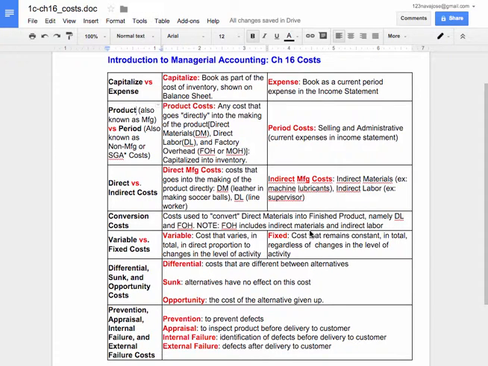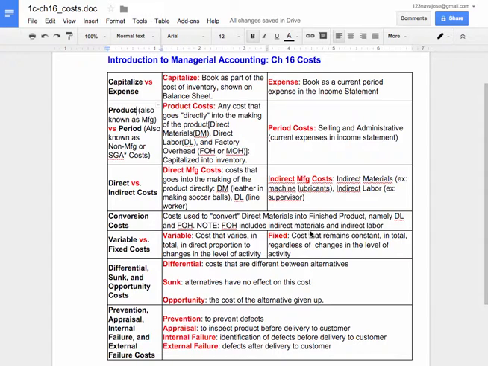Sunk costs are any cost that doesn't really change no matter what you do. You might have two options in front of you, but a certain cost or a certain portion of a cost will not change no matter which one you do. You would call that a sunk cost. There's also something called opportunity cost, which you probably have seen in your economics classes if you have taken that already. And finally, there will be other things in terms of quality.